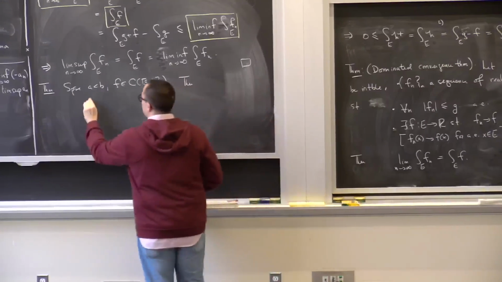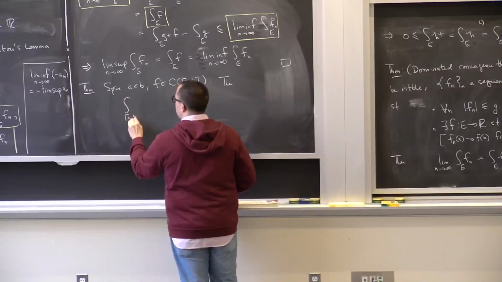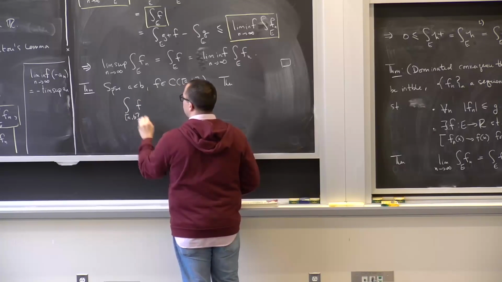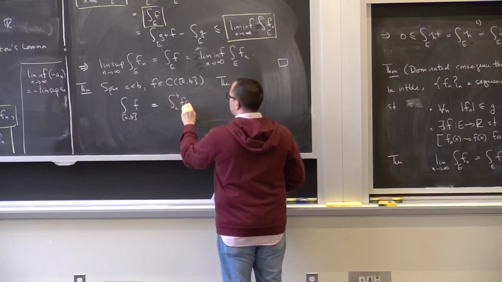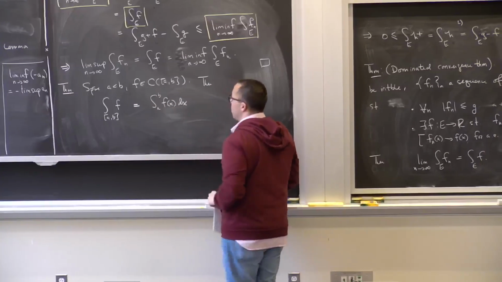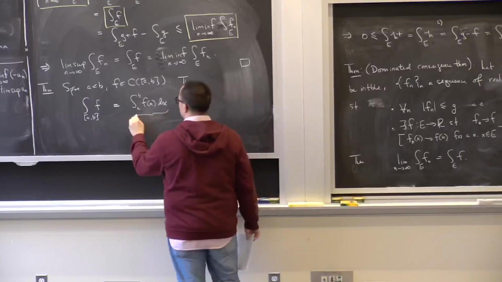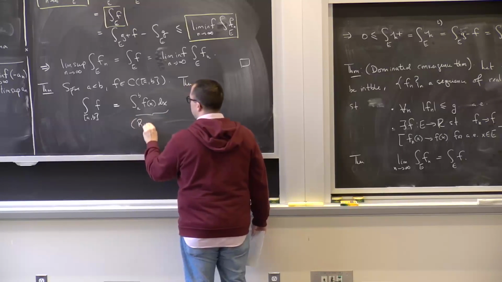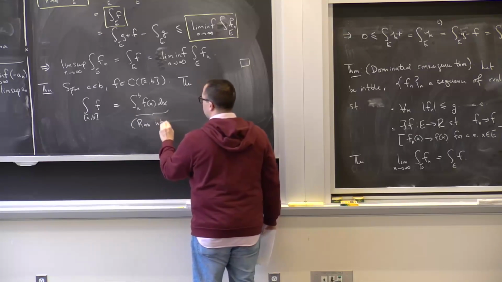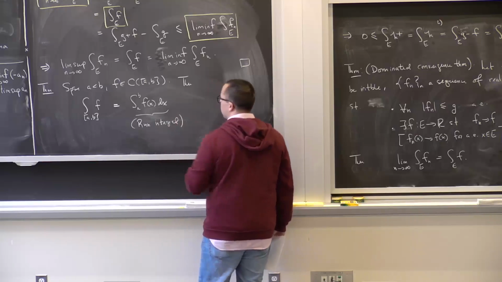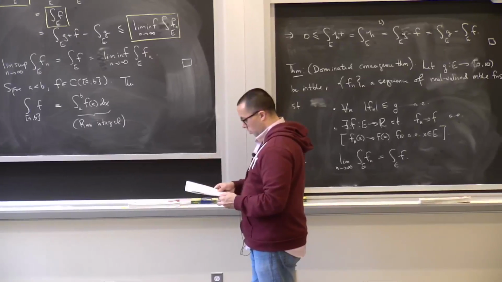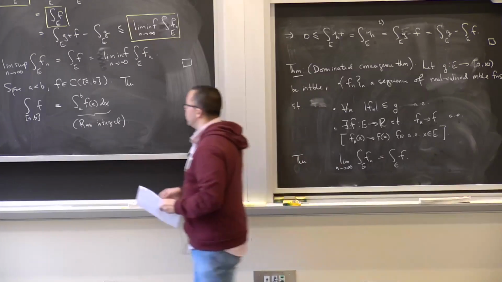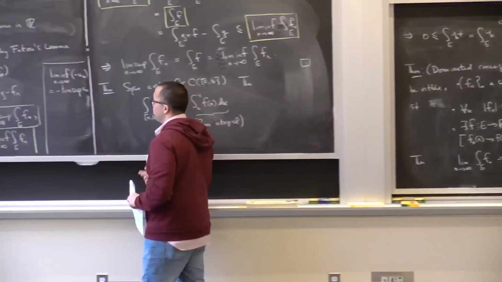Then the Lebesgue integral over [a,b] of f is equal to the Riemann integral of f. This is the Riemann integral. Okay? So in the course of this proof, we'll also see why f is in fact integrable.